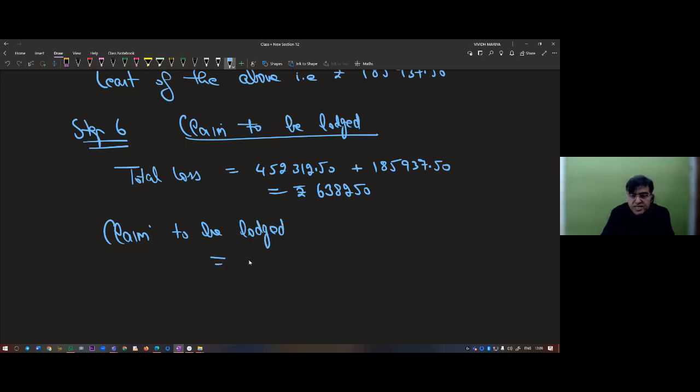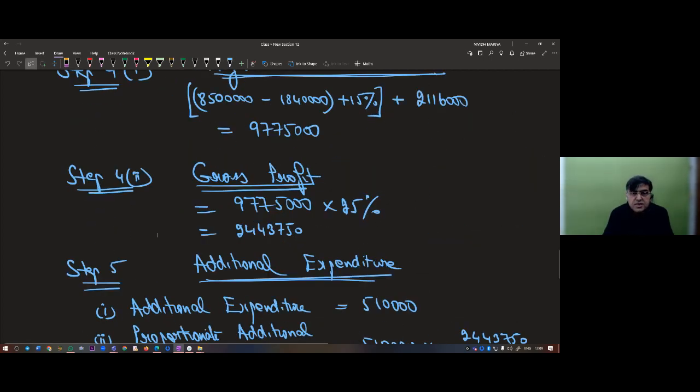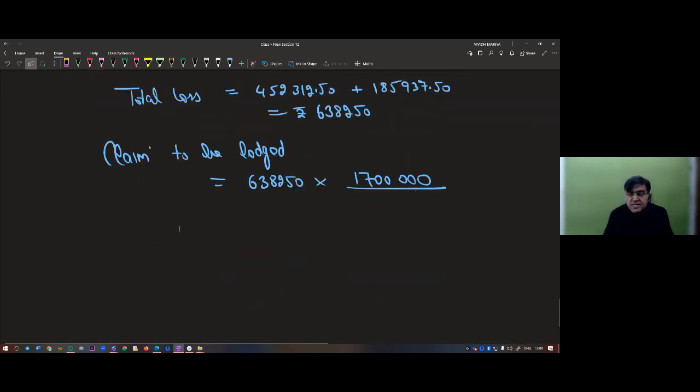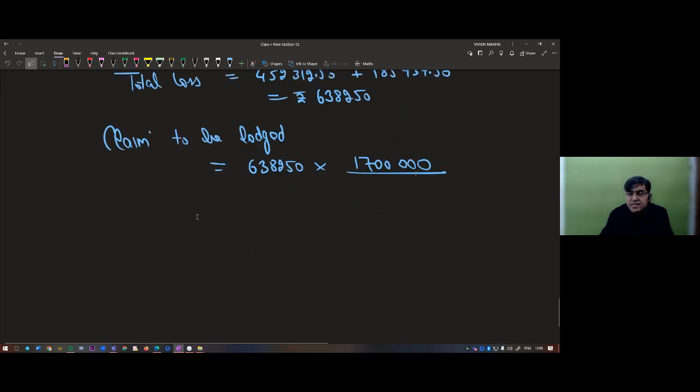Claim to be lodged, subject to average clause. 638,250. The policy amount is just 17 lakh. Loss of profit policy amount 17 lakh. Whereas insurable amount is step 4, 2443750.